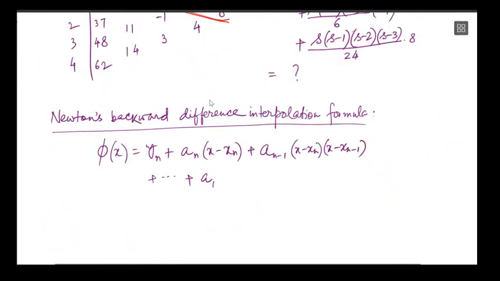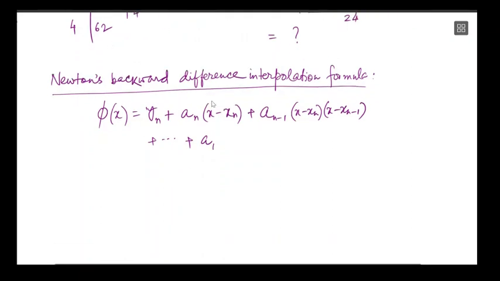Oh yes, like the forward difference formula, we will start from a constant term, not yn. This is an, this is an minus 1, an minus 2. So the last term will be a0 times x minus xn, x minus xn minus 1, and this way up to x minus x1.